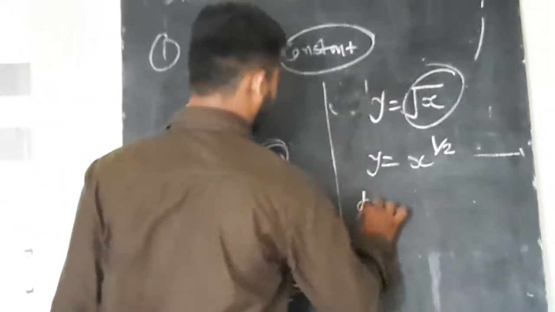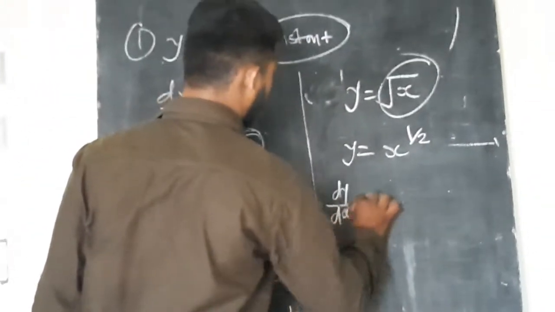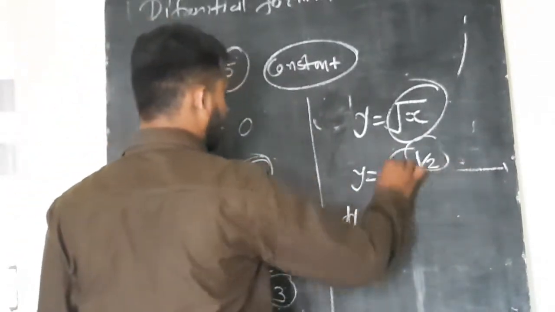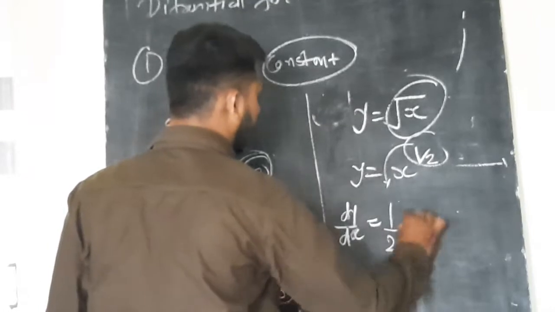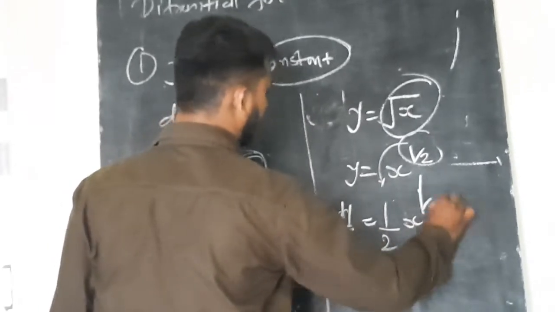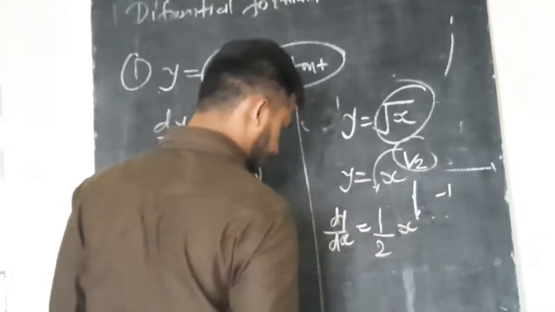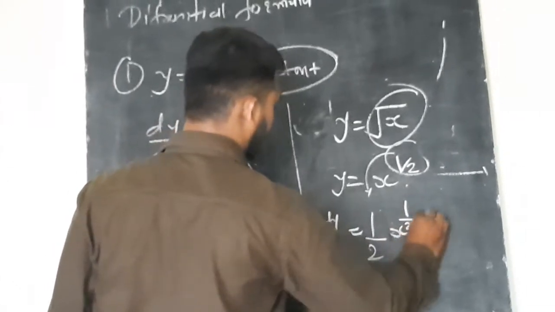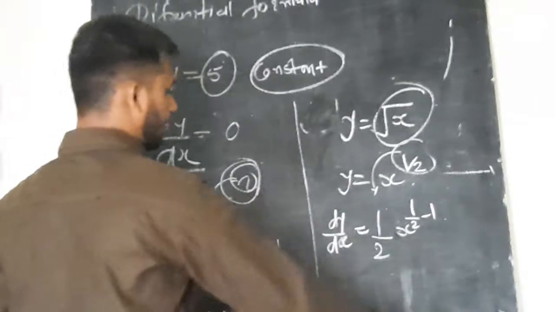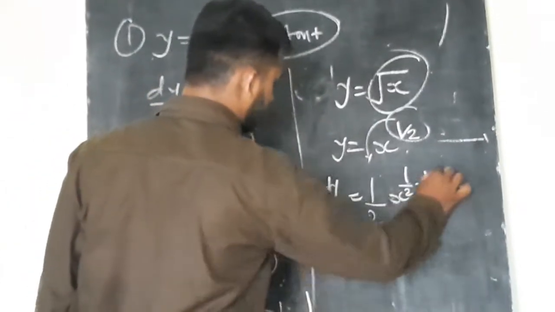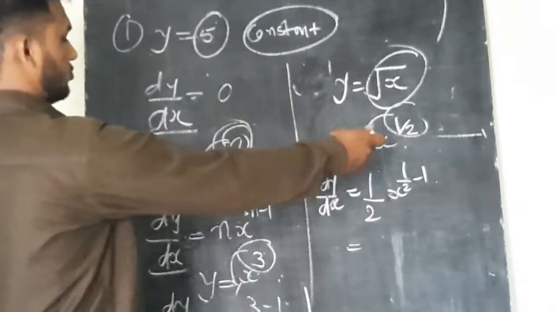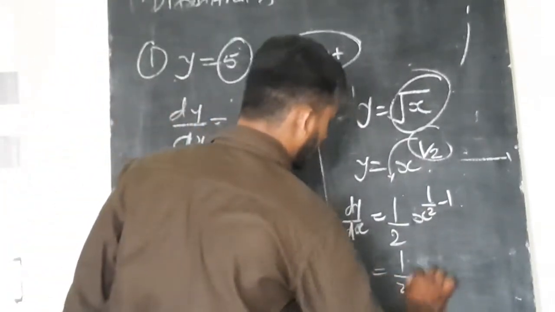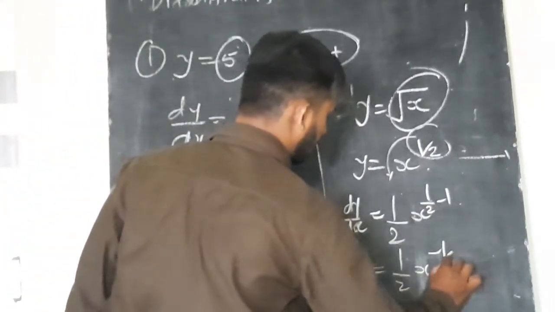So we can take dy by dx is equal to, the value of n will come to this side. So 1 by 2 x raised to 1 by 2 minus 1. So here 1 by 2 minus 1, it will be 1 minus 2 over 2, minus 1 by 2. So it will be 1 by 2 x raised to minus 1 by 2.